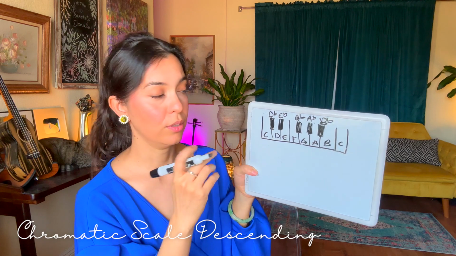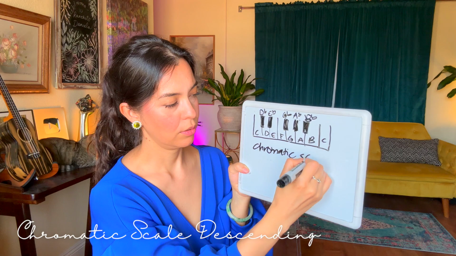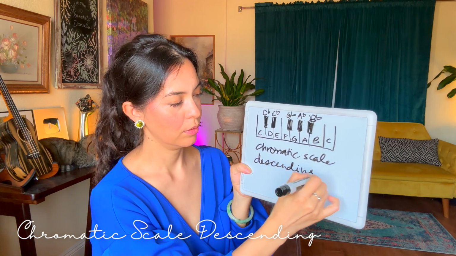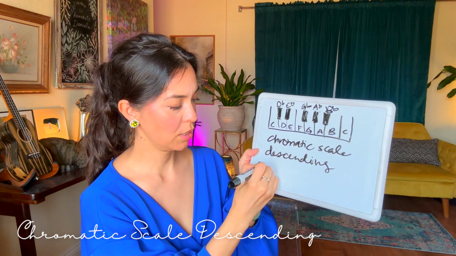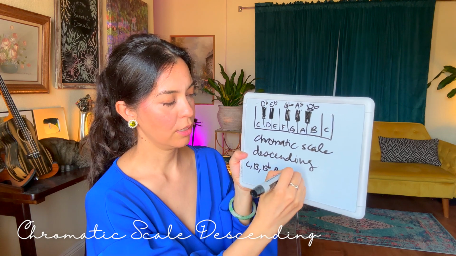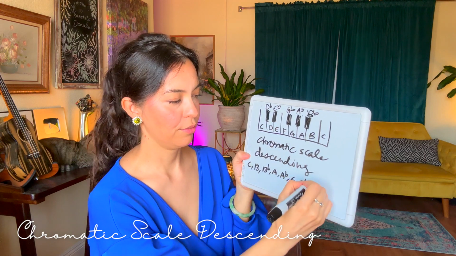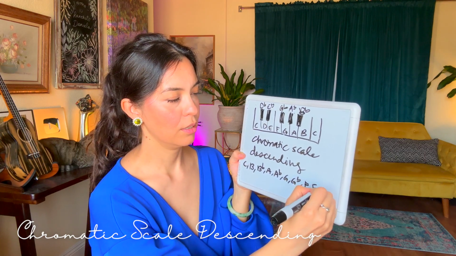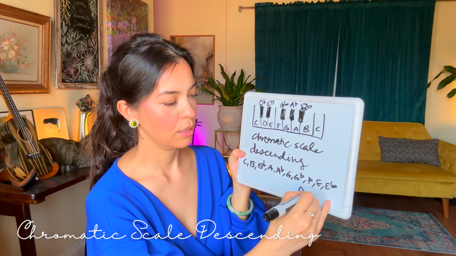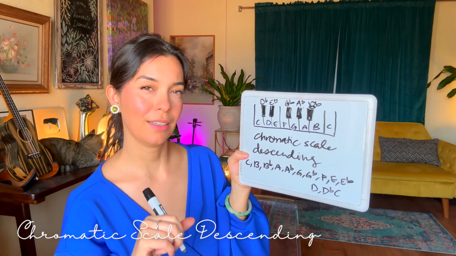If I write the chromatic scale descending, meaning going down, and I start on that C, then we have C, B, B flat, A flat, G, G flat, F, E flat, I'm running out of space, I'm going to go next here, D flat, and C. And that's our chromatic scale descending.